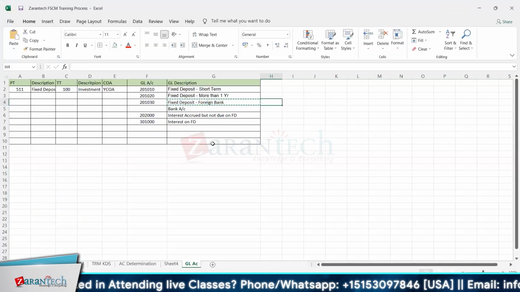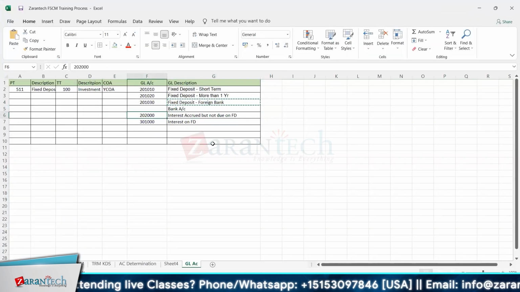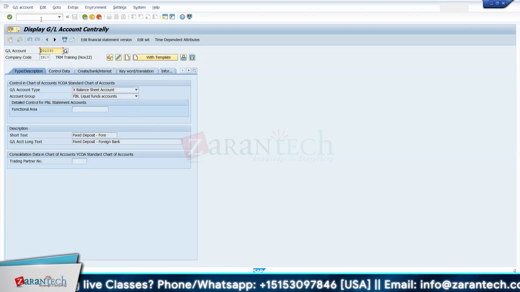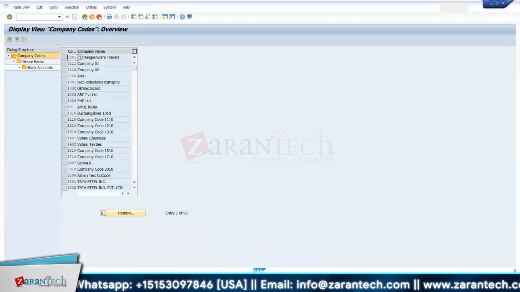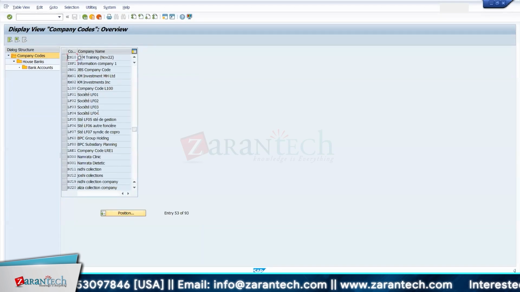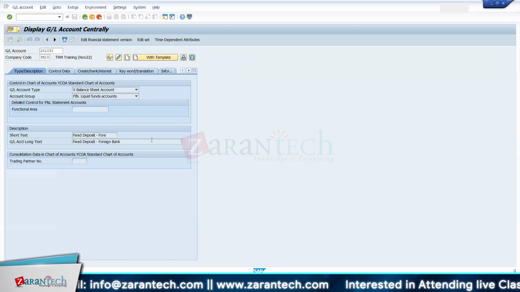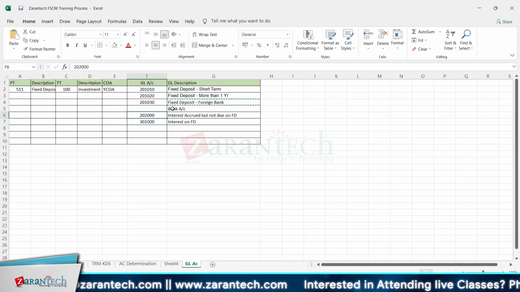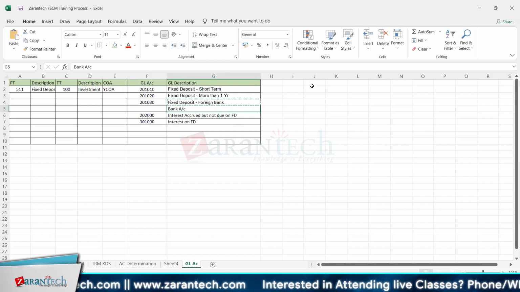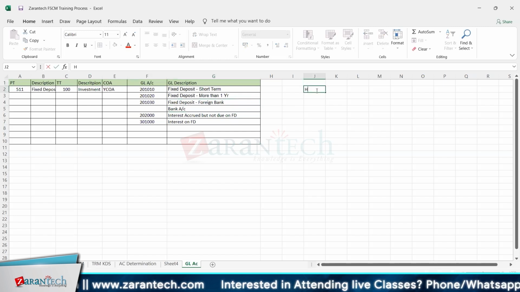This is also done. Now the next GL account is the bank account. We will go to FI 12, and from there let us see in IN 10, do we have some house bank? We don't have. Okay, so for the time being, I'm going to create a house bank as an SDFC bank.